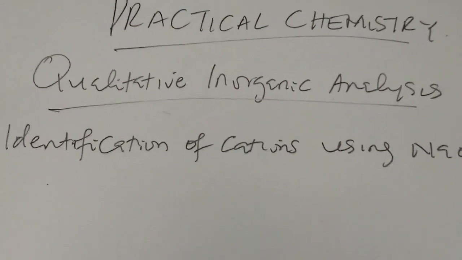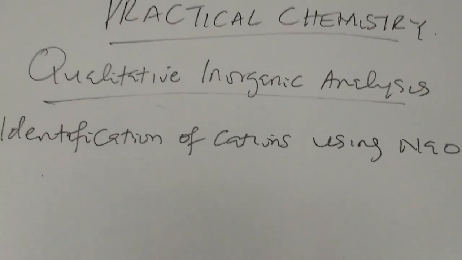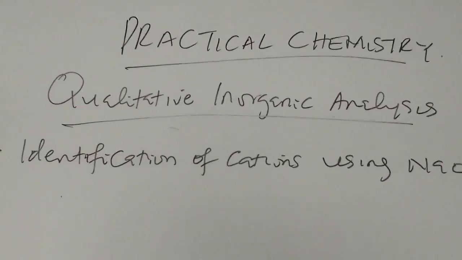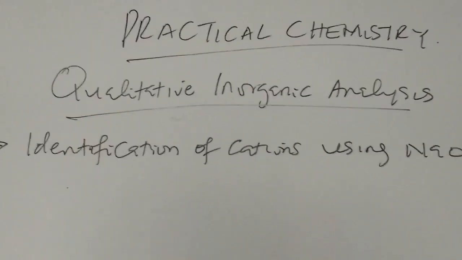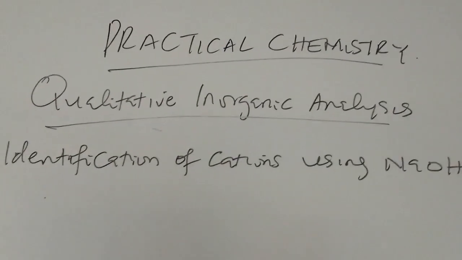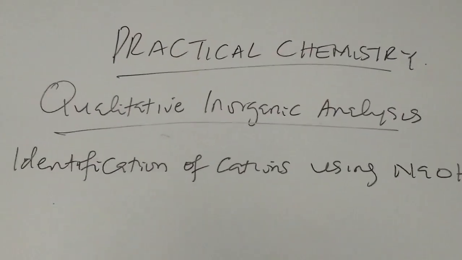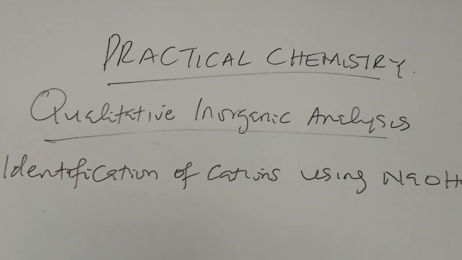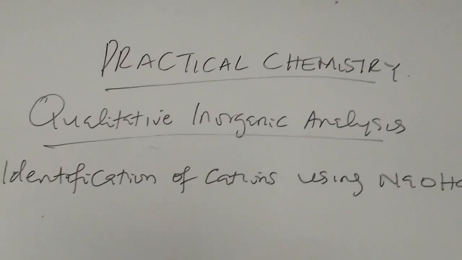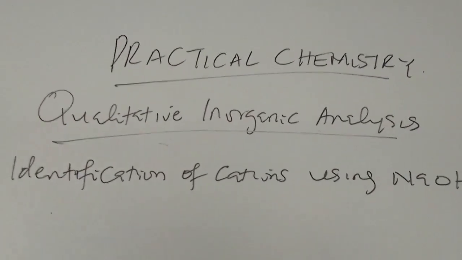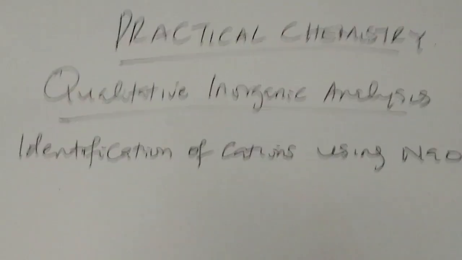Qualitative analysis is the aspect of practical chemistry that identifies the constituents of a chemical substance. So if you want to find out what a chemical substance is made up of, that aspect of chemistry is called qualitative analysis. What are the constituents of a chemical compound, for example, an unknown compound?